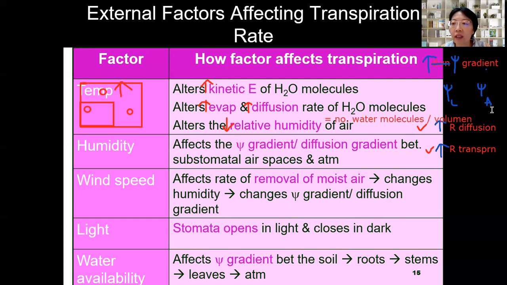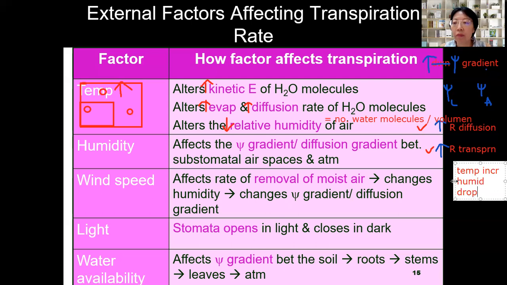Water potential of the atmosphere is... so my humidity, hang on, this one I have to explain here. So it means that temperature has increased, right? I put increase. So when temperature increases, humidity has dropped, isn't it?